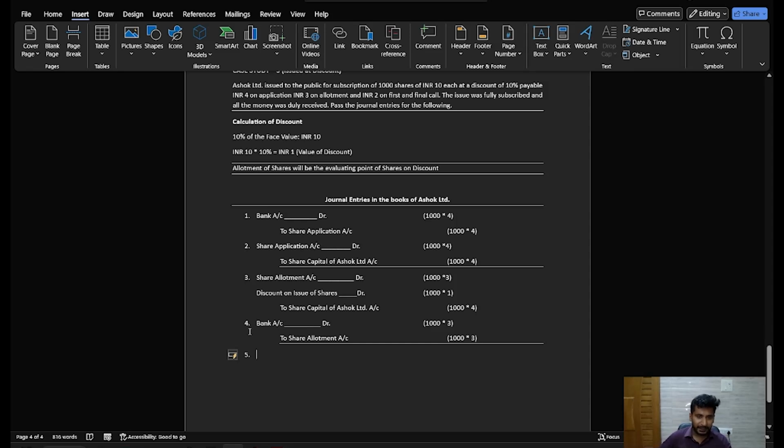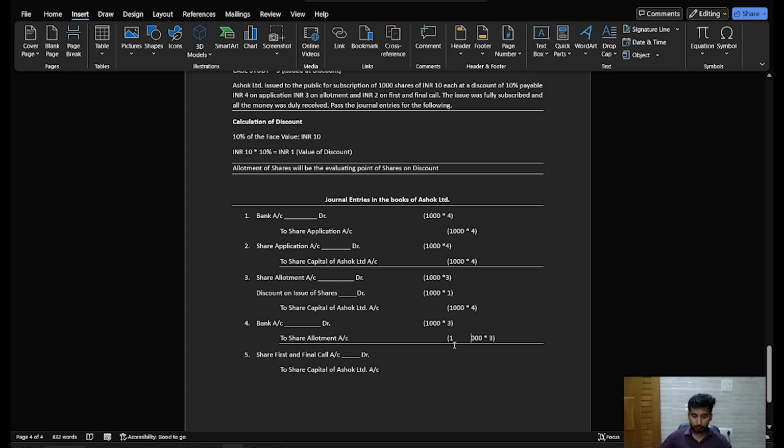So now the entry will be the share first and final call account. अब जब हमने एक बारी अलॉट कर दिए तो अब हम बची हुई किस्त या इंस्टॉलमेंट मंगाएंगे. Debit to share capital of Ashok Limited.